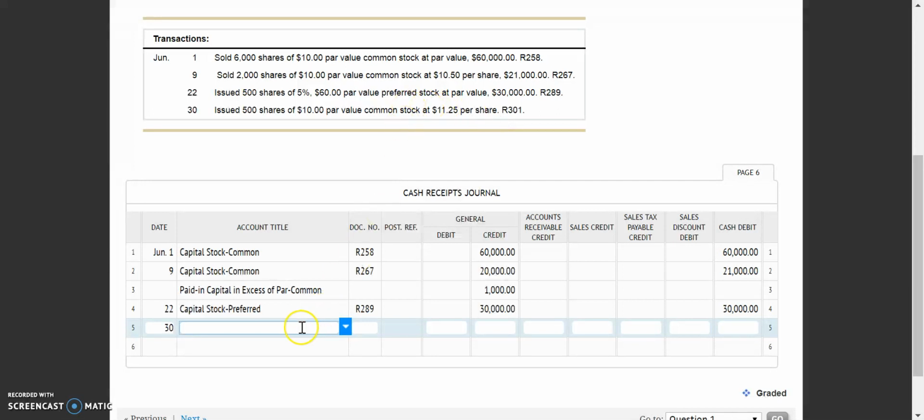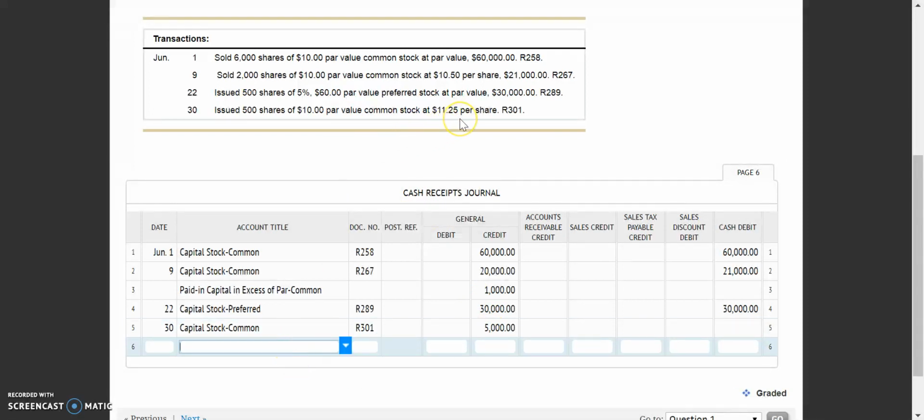So our first thing that gets recorded is our capital stock, common, for receipt number 301. And we issued 500 shares at $10 per share. So when you do that math, that ends up at 5,000. So that's going to be our general credit here.